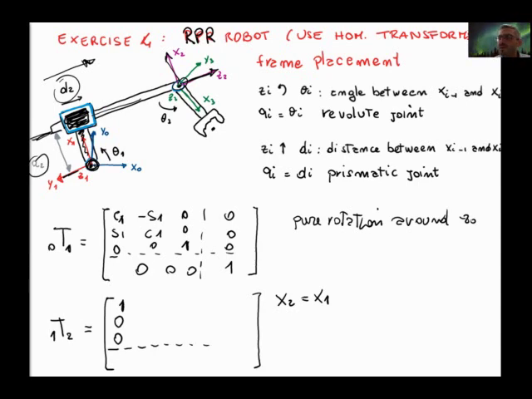Then I noticed that the y2 axis is pointing out from the plane and is aligned with the Z1 axis that is also pointing out from the paper.